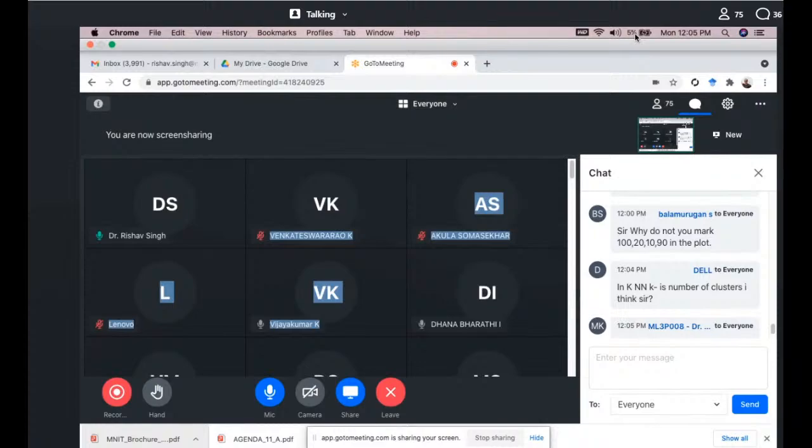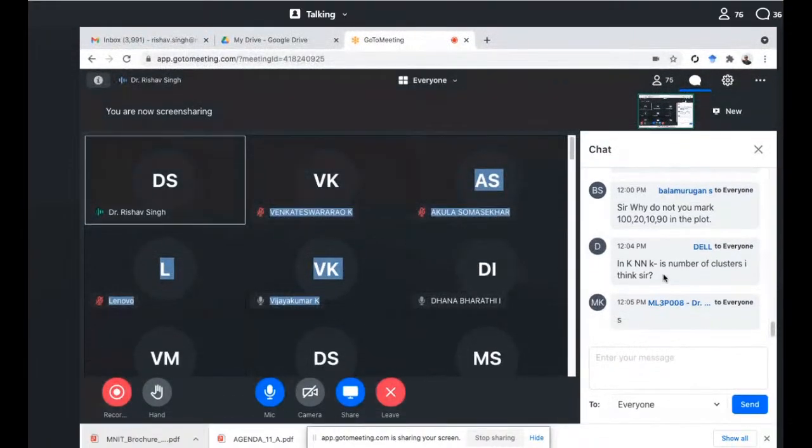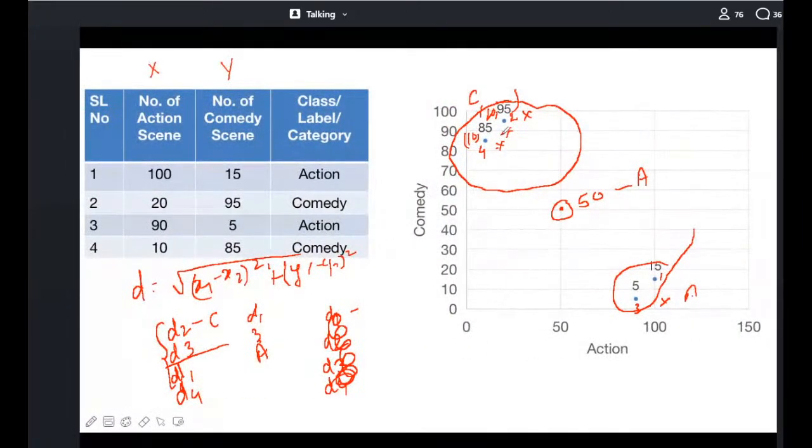Okay. So K is not a cluster. It's the number of neighbors which you are considering. If I consider only this neighbor, let's say D2, which was 20,95, what will be my class? If I consider these three neighbors, leaving one out, what will be my class?